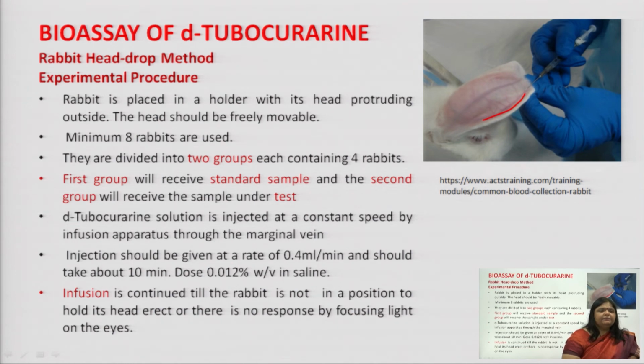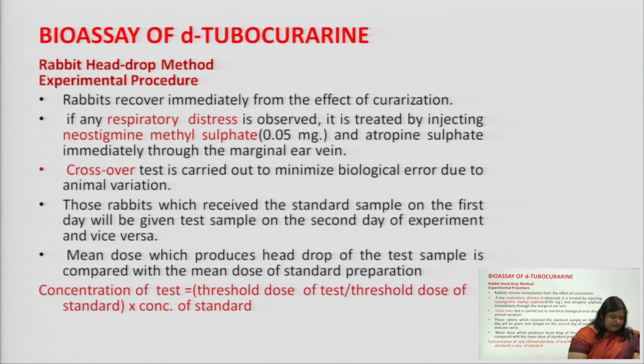Why does this happen? Because the muscles are relaxed. So this is the principle. We keep on injecting the drug till the head drops, and we note how much amount the test used and how much amount the standard used. We compare both of these and then we find out the potency of the test sample in comparison to the standard.